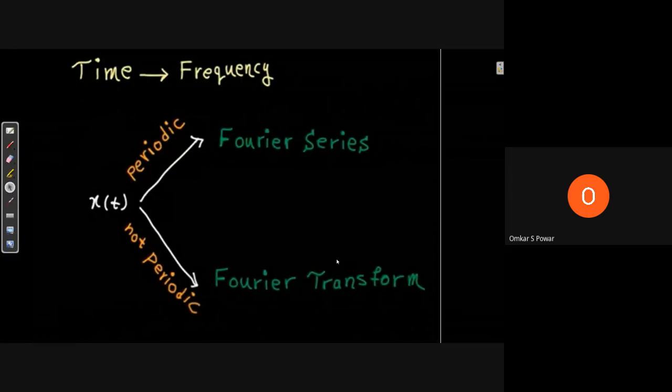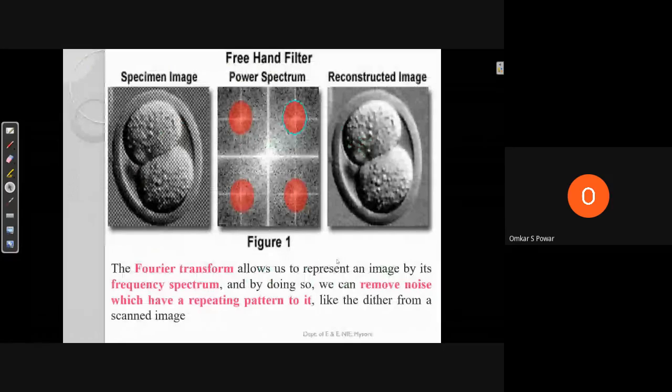Okay, so let me take a practical example so that you will understand where we use this Fourier transform and why we need to use it. Take this specimen image, on the left side, and only concentrate on the first image. You can see it has a major noise. So I will plot its FFT.